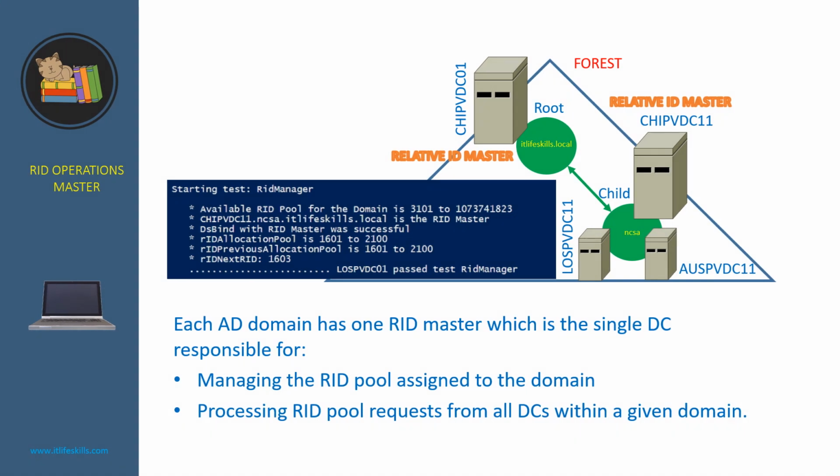Now we can tell each AD domain has one relative ID master, which is the single DC responsible for managing the relative ID pools assigned to the domain and processing relative ID pool requests from all DCs within a given domain.